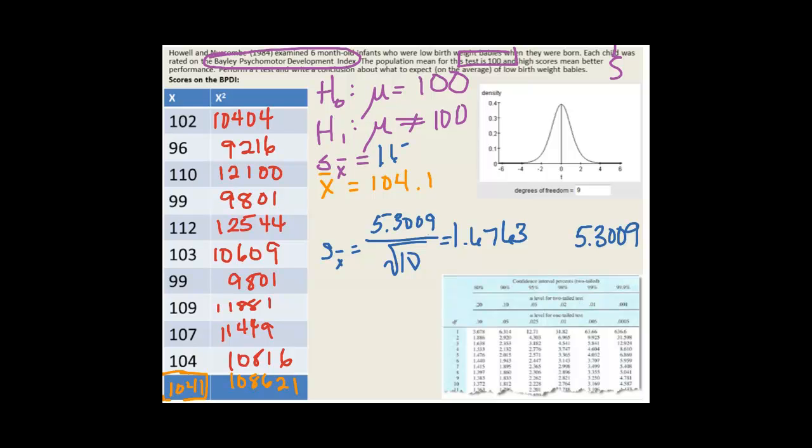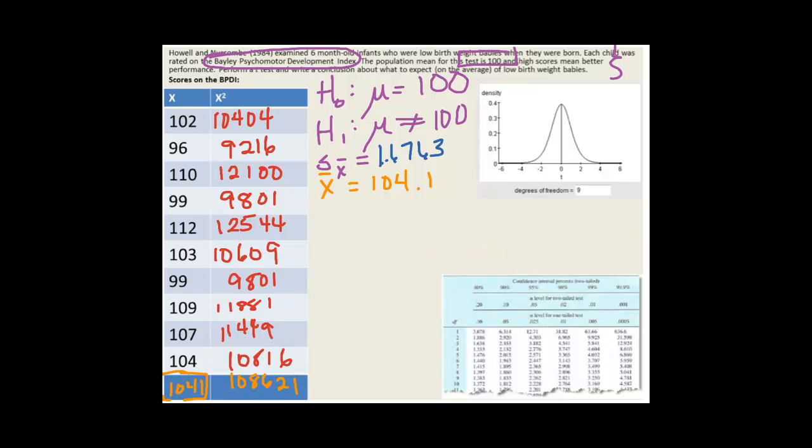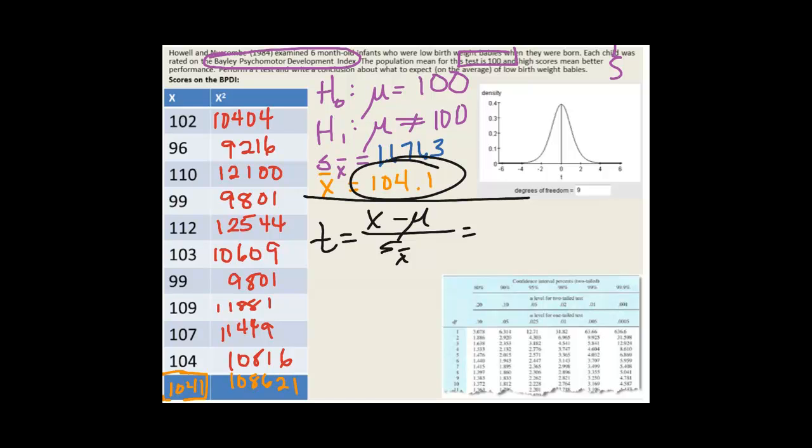All right, now t-test statistic time. For the t-test statistic, I'm going to take my value of interest minus the population mean to which I'm comparing it, divided by the standard error of the mean. My value of interest was the mean for these babies, 104.1.